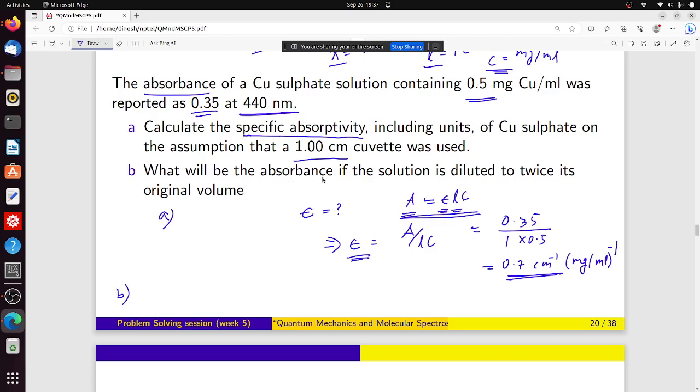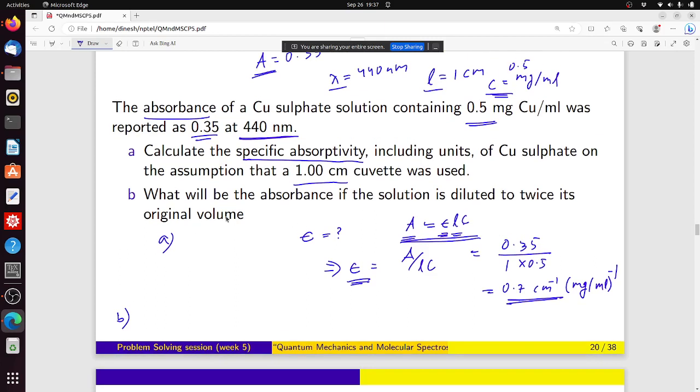What will be the absorbance if the solution is diluted twice to its original volume? Okay, so if the solution is diluted twice, then what will happen to the concentration? So we have some solution. So what is the concentration?